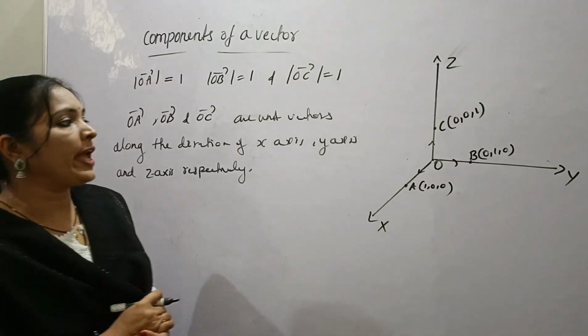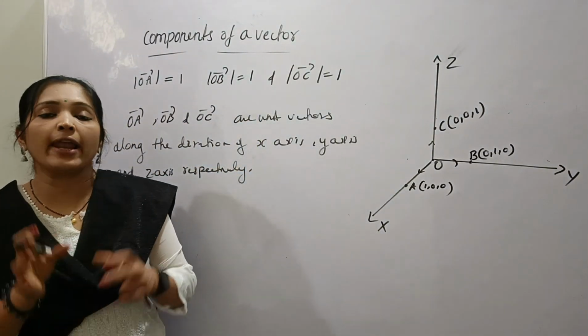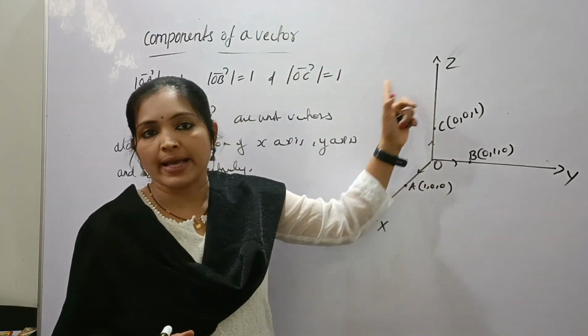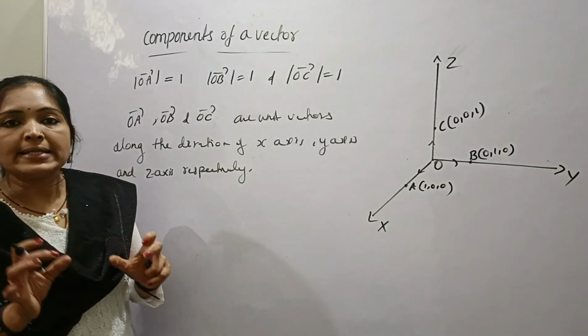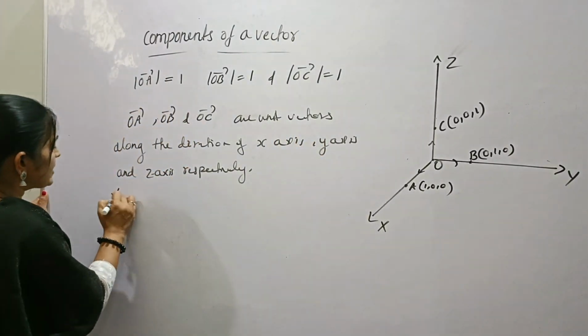That is, vector OA, vector OB and vector OC are unit vectors along the direction of x-axis, y-axis and z-axis respectively.